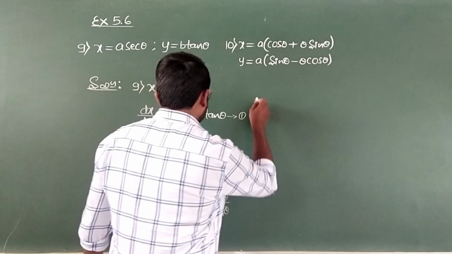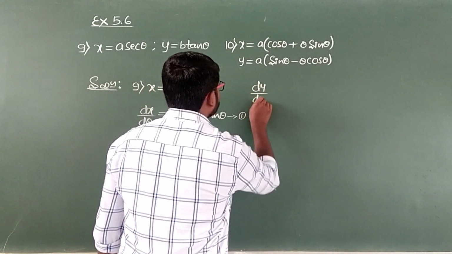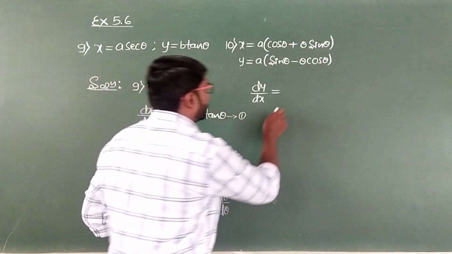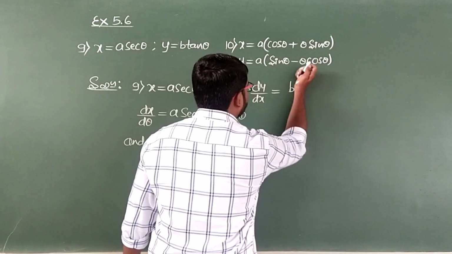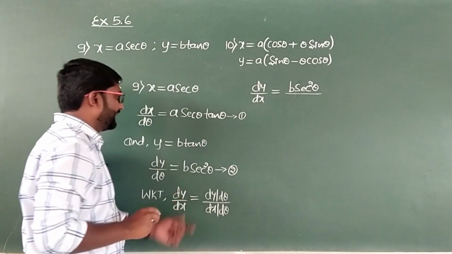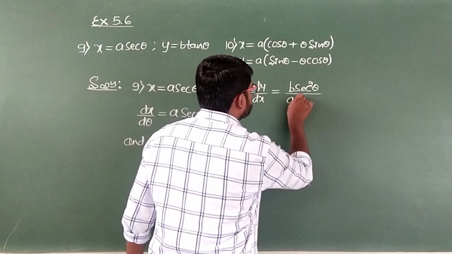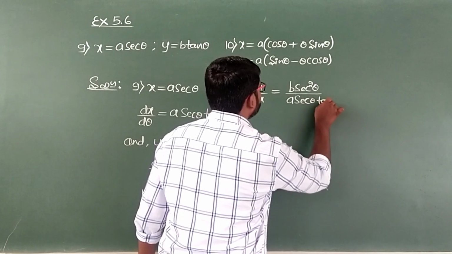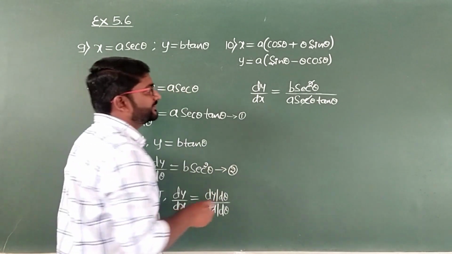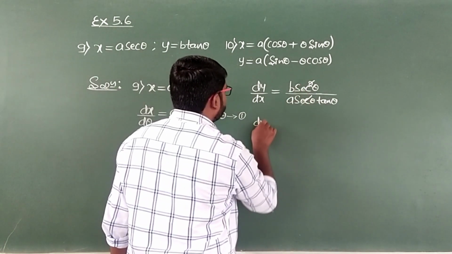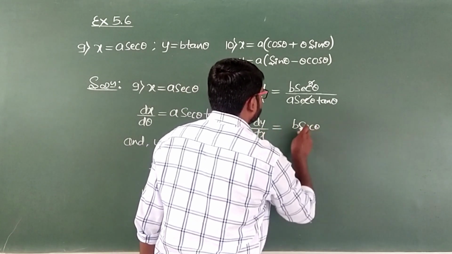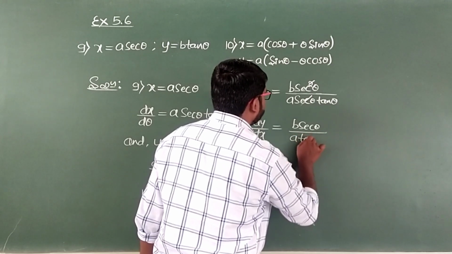So now dy by dx is equal to b secant square theta divided by dx by d theta, which is a secant theta into tan theta. So here secant theta and secant theta get cancelled. You have one more secant theta in the numerator. dy by dx is equal to b secant theta divided by a tan theta.